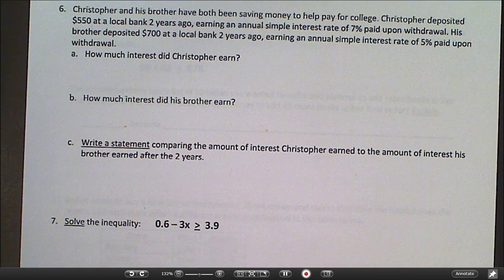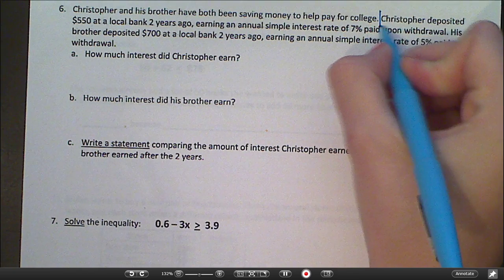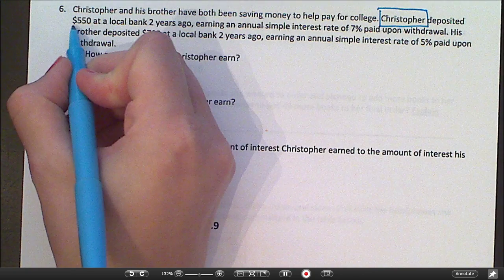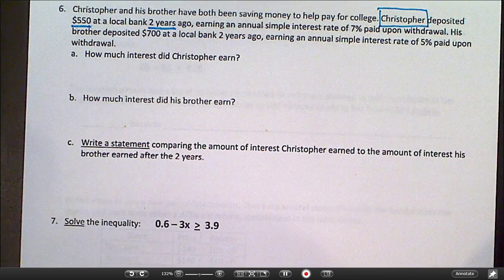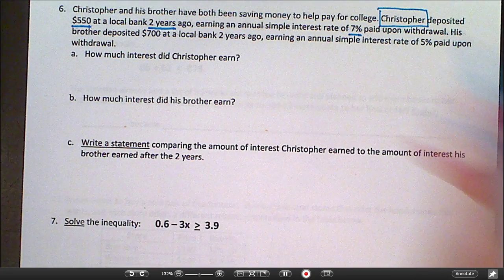Christopher deposited $550 at a local bank 2 years ago, earning an annual simple interest rate of 7% paid upon withdrawal. So I'm going to stop here for a second. I'm going to say Christopher deposited $550 2 years ago, 7%.